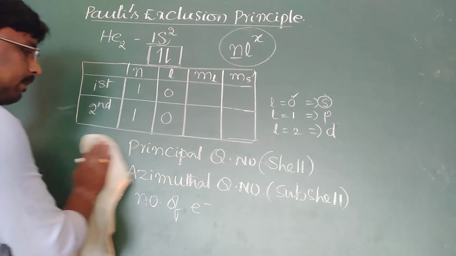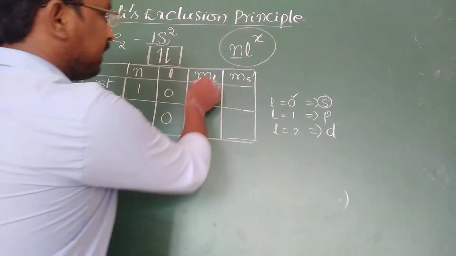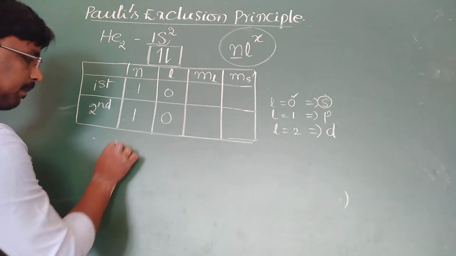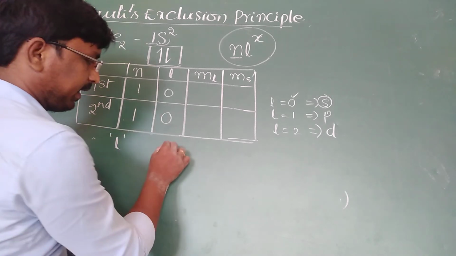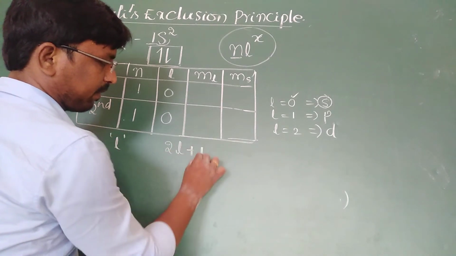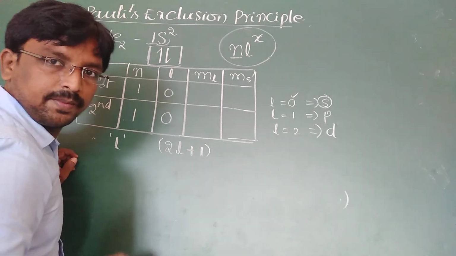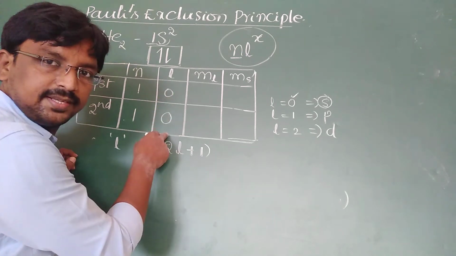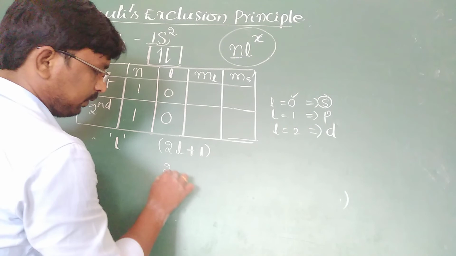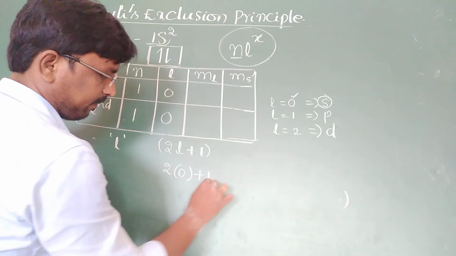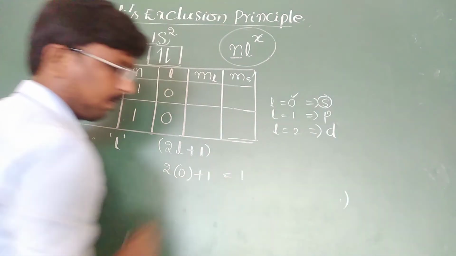For the magnetic quantum number, for a particular l value, the number of values is given by the formula 2l plus 1. Here the l value is 0, so 2 into 0 plus 1 is equal to 1.